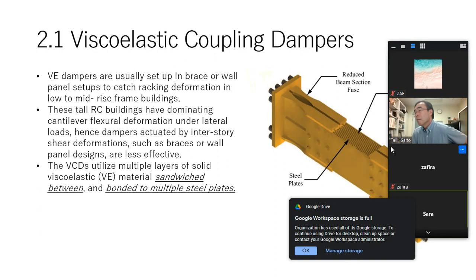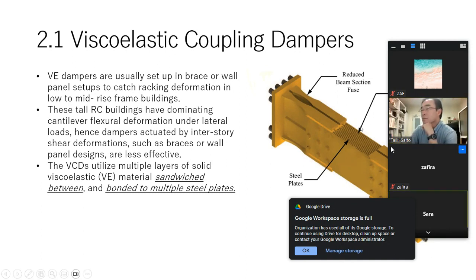These tall RC buildings have a dominating cantilever flexural deformation under lateral loads, so dampers activated by interstory shear deformation, such as brace or wall panel designs, are less effective.